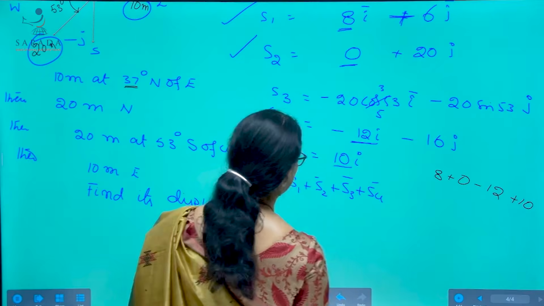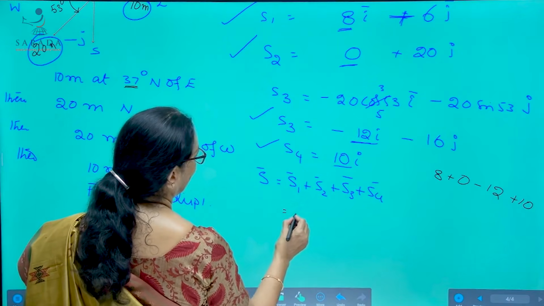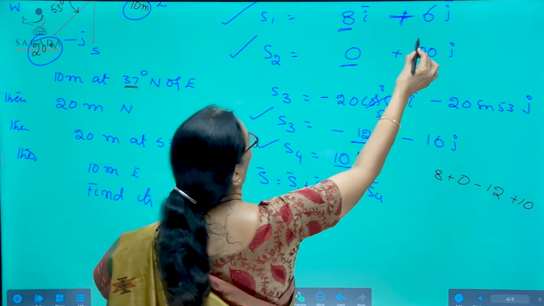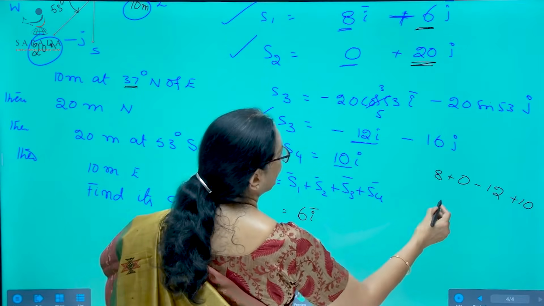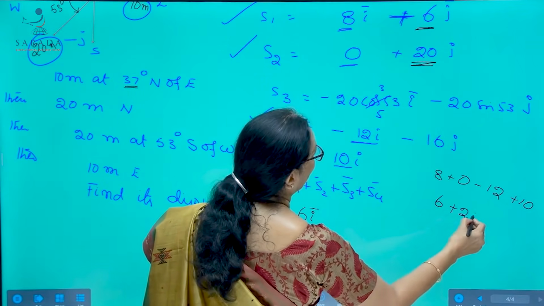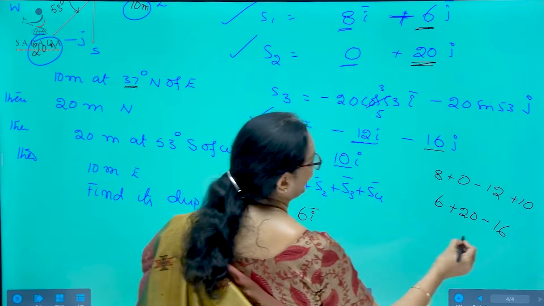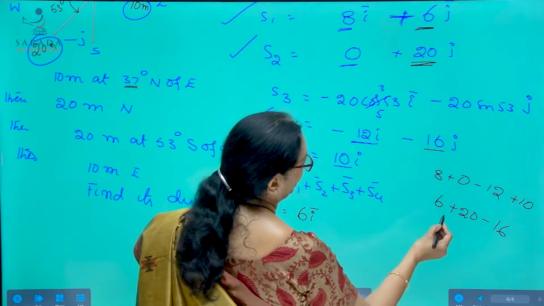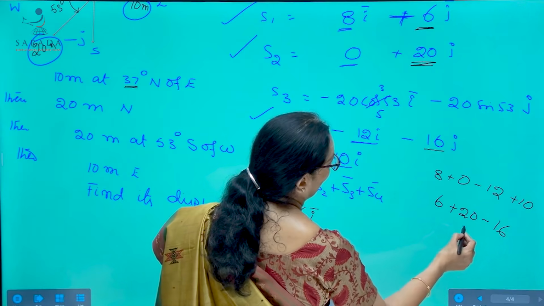So this is 6, isn't it? 18 minus 12, so it is 6 I bar. Now let us add all the j components: 6 plus 20 minus 16. Here there is no j component in S4. So this is 26 minus 16, it is 10.